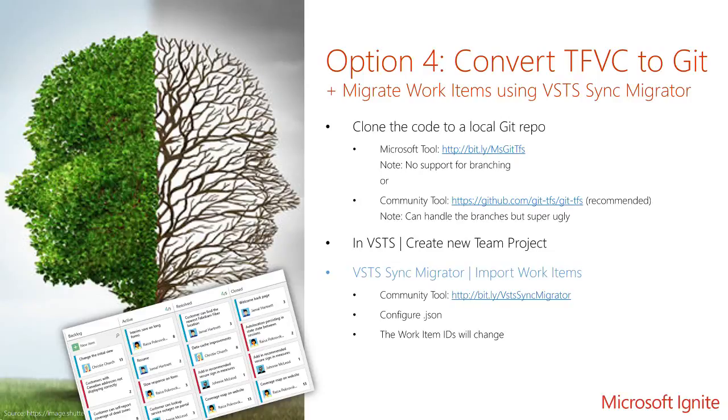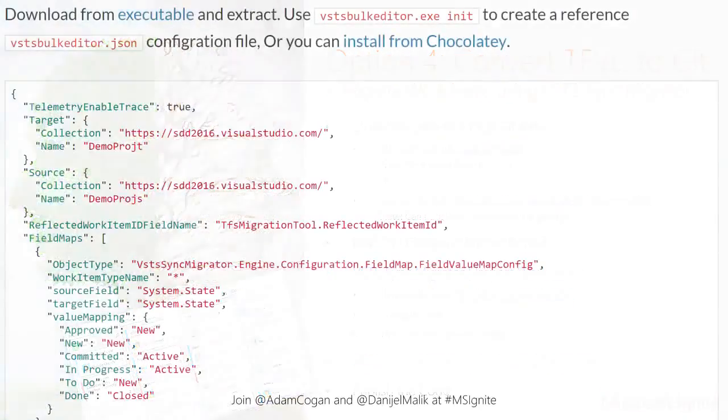Now, when the work items go up to the cloud, the work item IDs will change, and we don't want to lose the association with the code. So we run this VSTS Sync Migrator against our local source code, and it will change the work items to what they are in the cloud, and it kind of fixes this up and publishes the code. Now, that is the JSON file that you need to configure.